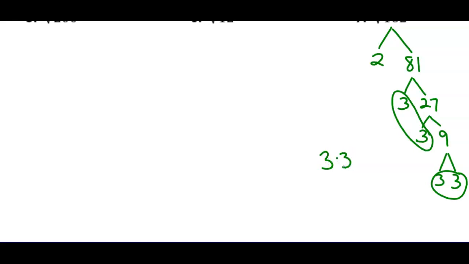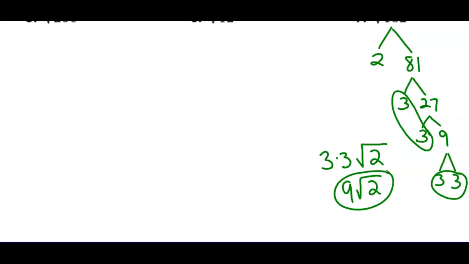This 2, can he come out of the house? No, he stays in the house. Am I done? No, I have to multiply these together. So that's going to be 9 times the square root of 2, and 9 times the square root of 2 is exactly the same number as the square root of 162, but it's written in standard radical form.